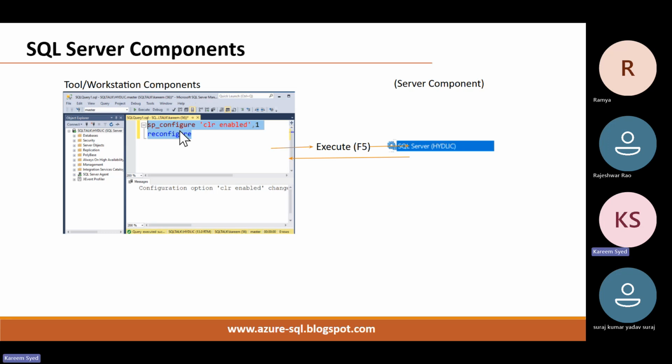These are our basic components to start working with SQL Server. First, we install the SQL Server components, means SQL Server services. Second, we install one tool called SQL Server Management Studio. Very simple. That I will show you in tomorrow's class.